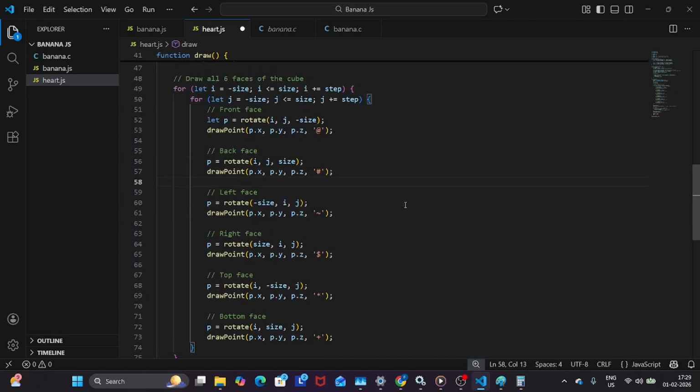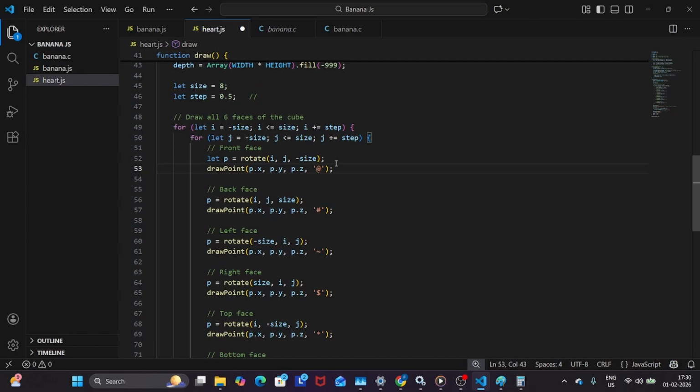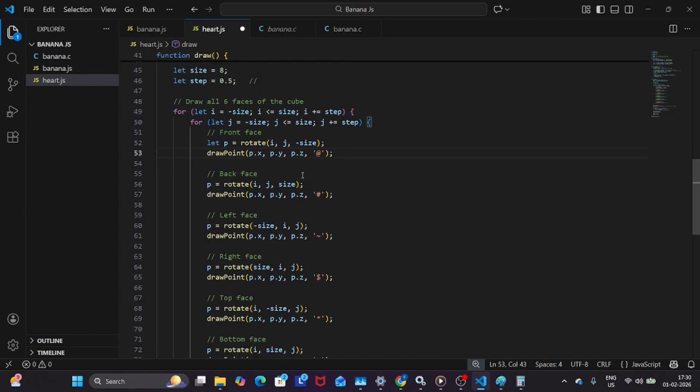Now we'll go down: front face, back face, left face, right face, top face, bottom face. In the front face, z is fixed, as you can see here, because at the front z is minus, at the back it is plus, and these two are changing. In the coordinate sequence xyz, i and j are changing.